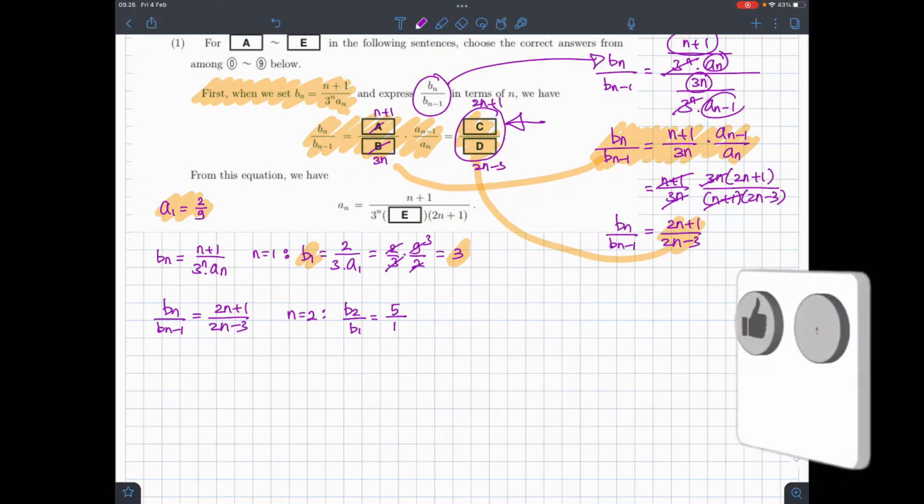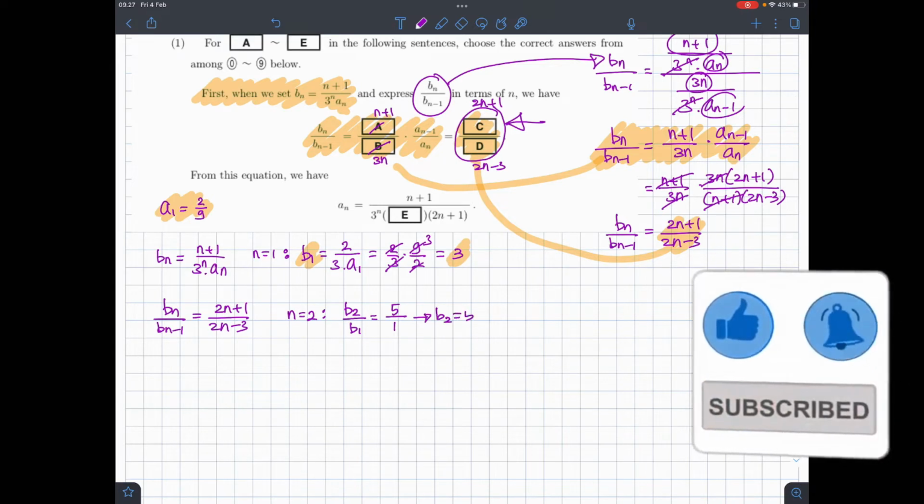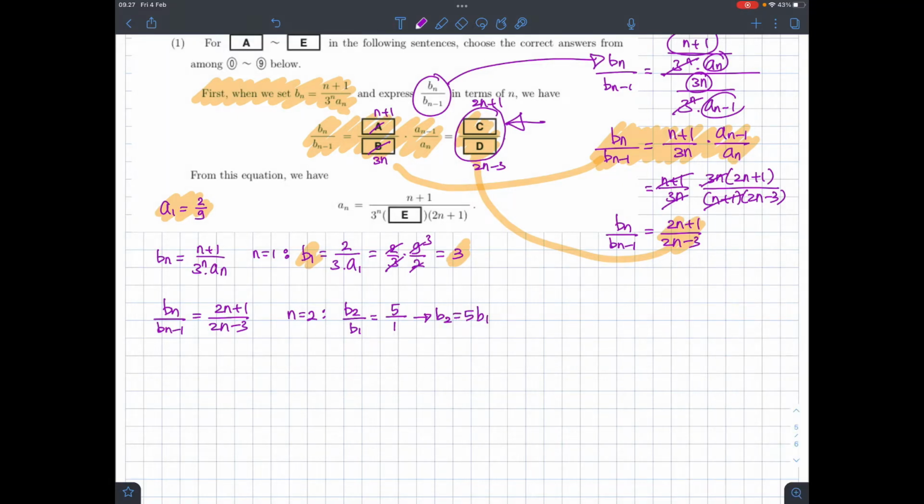So we got 5 here, so b2 equal 5 times b1. And you already have b1 here. So 5 times 3 equals 15. Now you got b2.